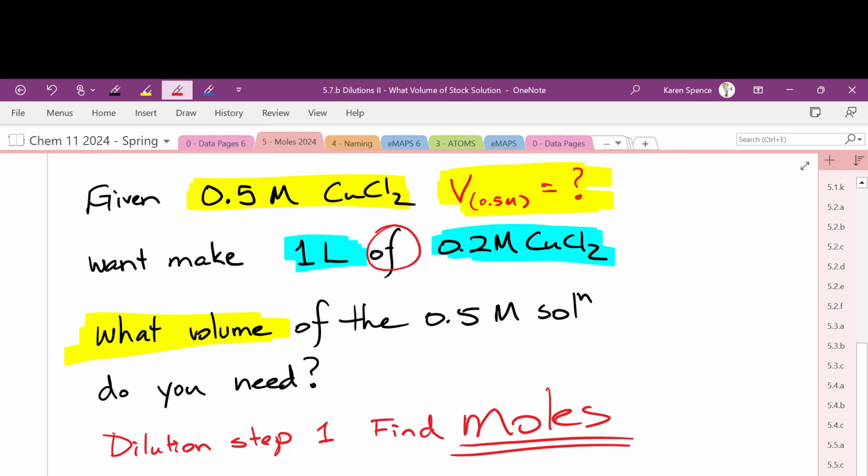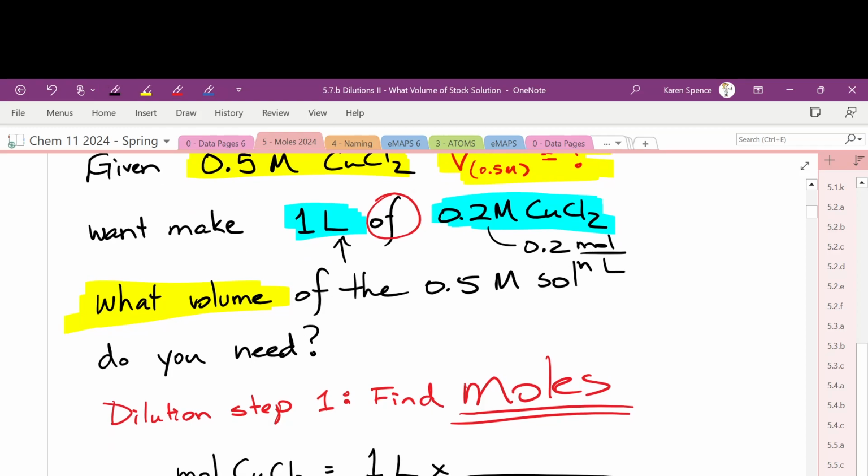Okay, and to find the moles, we have 2 pieces of information here. We have 1 liter and we have 0.2 moles over liters. Can we find the moles? Moles of CuCl2 is equal to 1 liter times what? We need liters on the bottom. What do we need on the top? Moles.